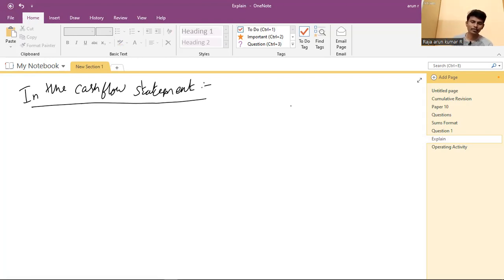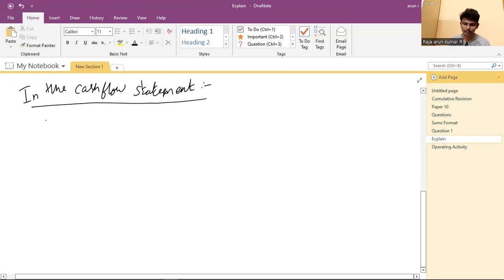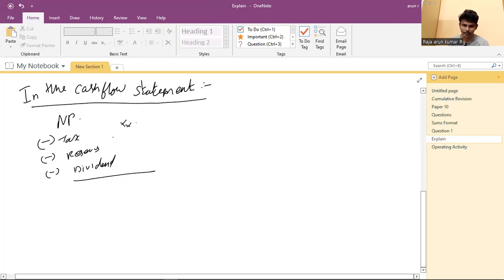We know first of all operating income. Net profit, in a format: net profit minus taxes, minus reserves, minus dividend. The balance we call operating income.